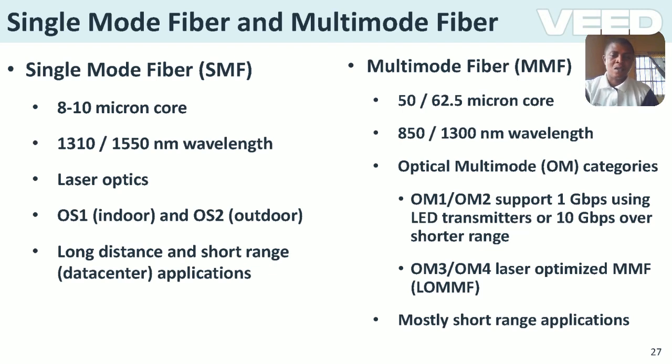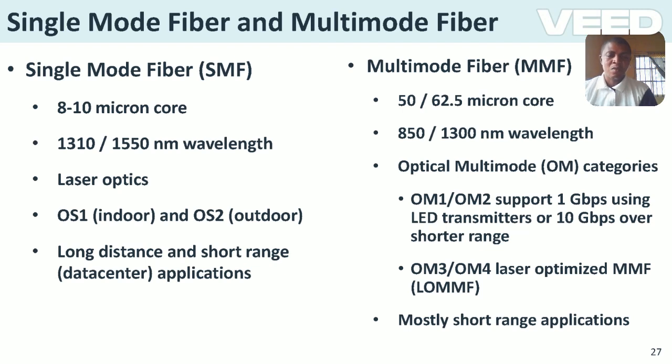Coming to the second type, which is multi-mode fiber, MMF. It has a 50 to 62.5 micron core. One of its qualities is that it has an 850 to 1300 nanometer wavelength, with optical multi-mode categories.